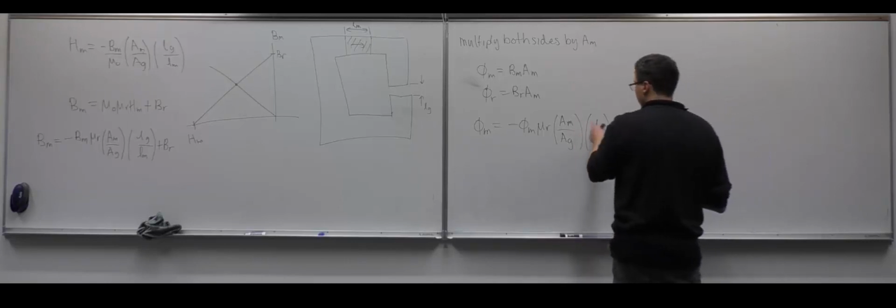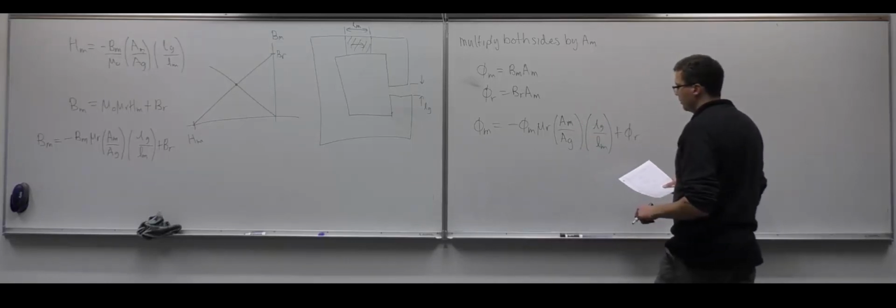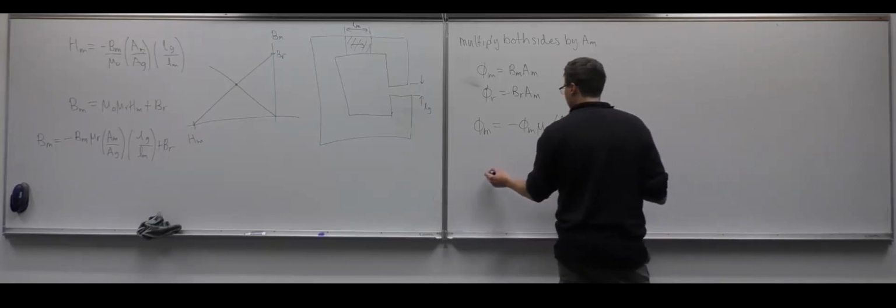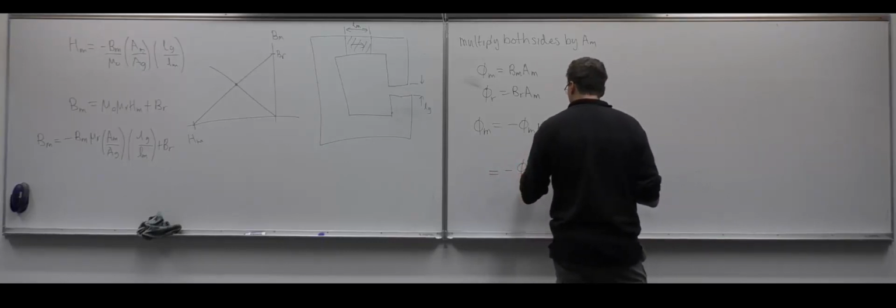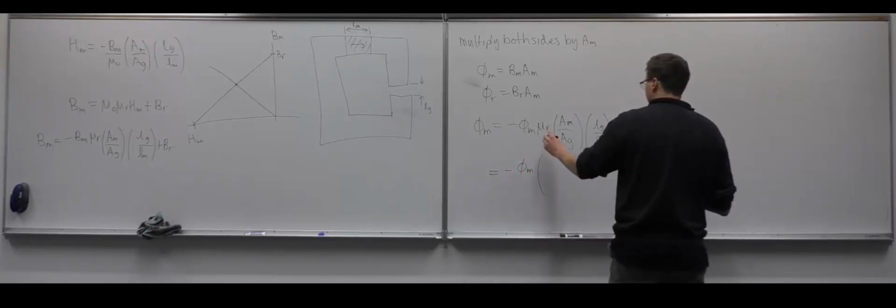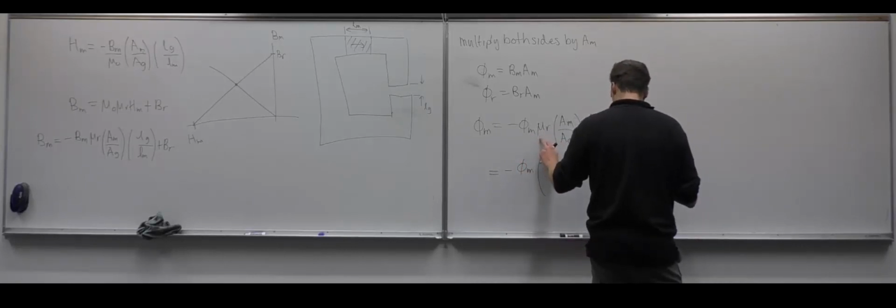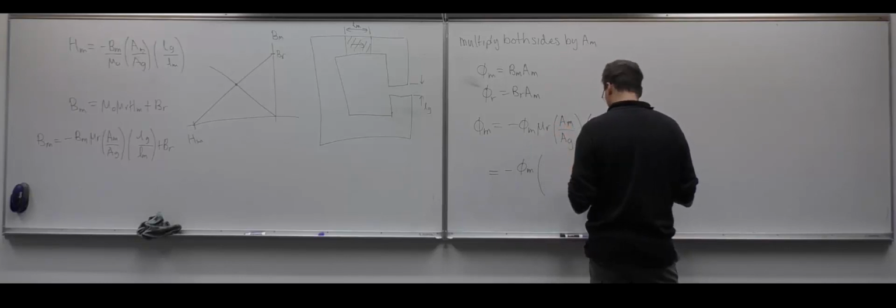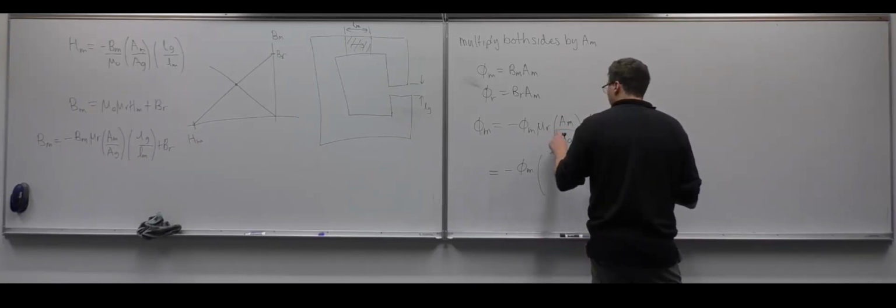Now, looking at this a little bit, we could further rearrange it, moving things around, so we can put the mu R inside of here, and we'll multiply the top and bottom by mu naught.